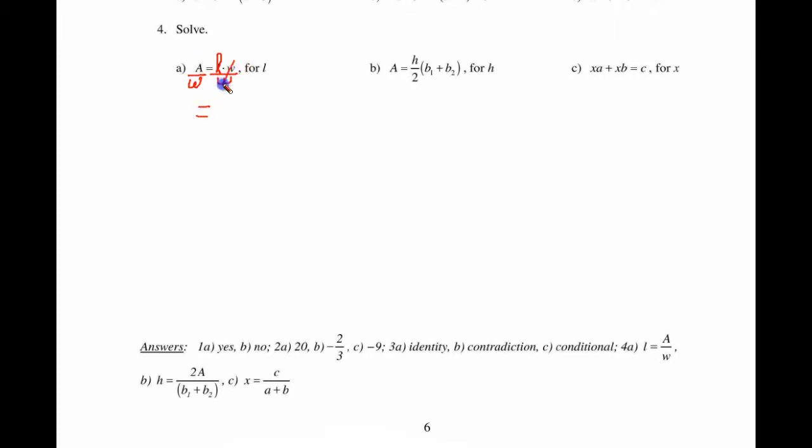So here the W's cancel out and we get L equals A divided by W. Now this one I'll write out because it's a little complicated, and you can write it out with me as we go along. Your notes are very important in this course.